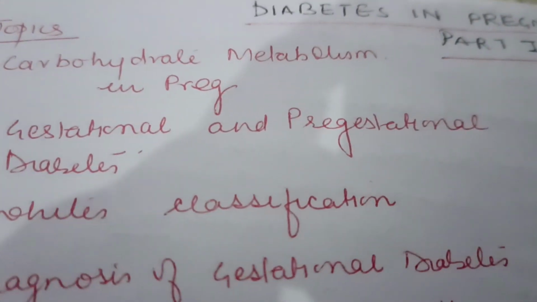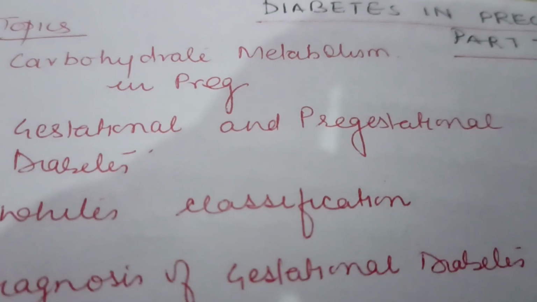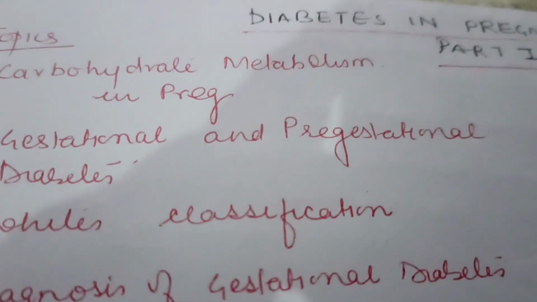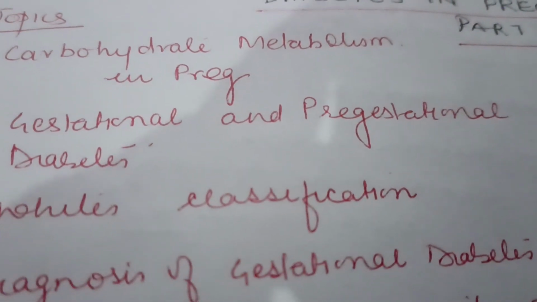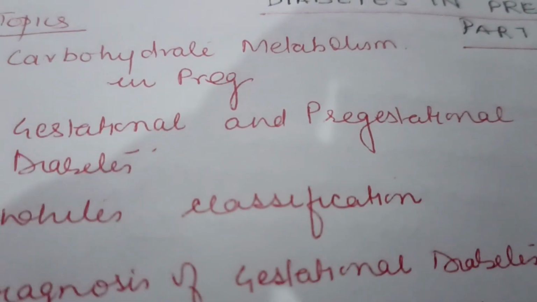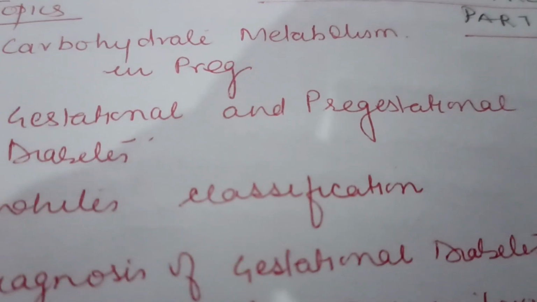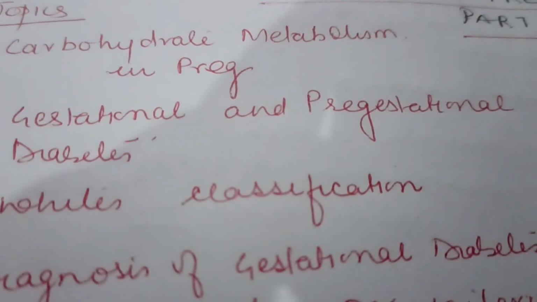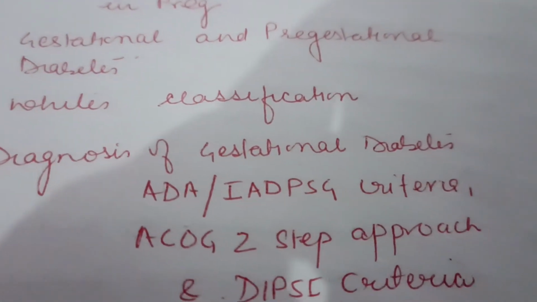We will study diabetes under the following topics. First of all, we will understand carbohydrate metabolism in pregnancy. Second is gestational and pregestational diabetes. Third is White classification.